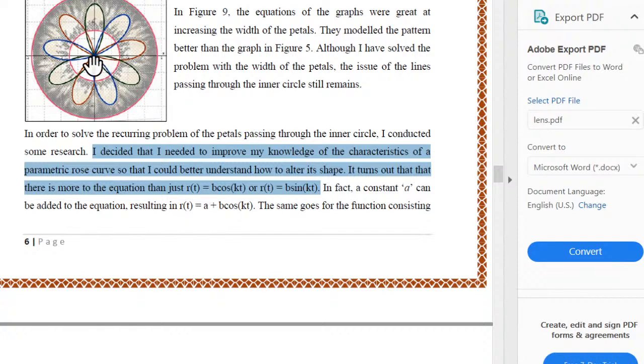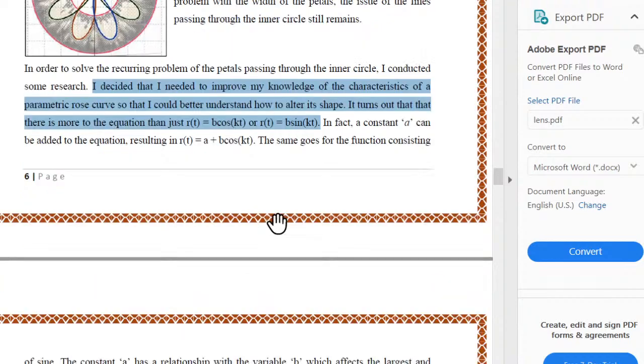The a will just move all the petals. It'll separate the petals, but you still wouldn't get the desired shape. You just move the points outward. That's what I think would happen if you add an a.